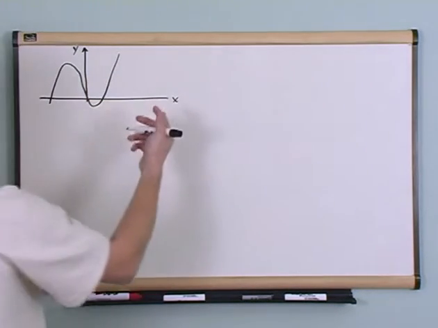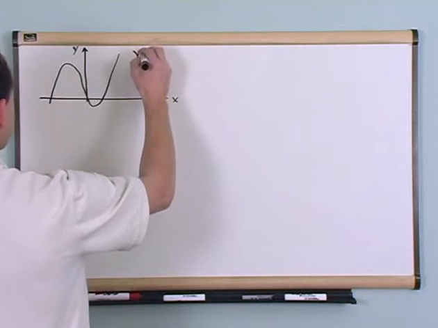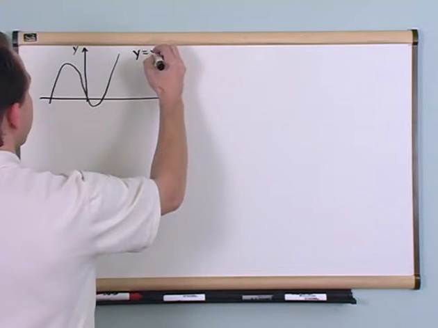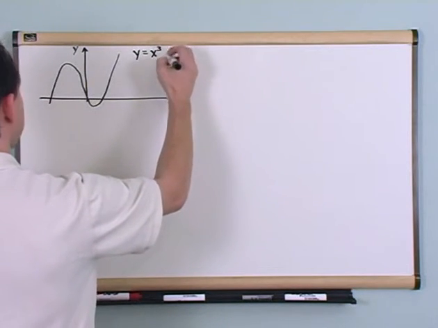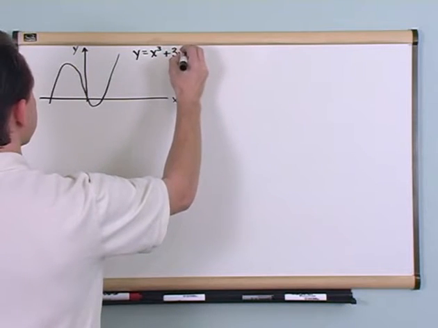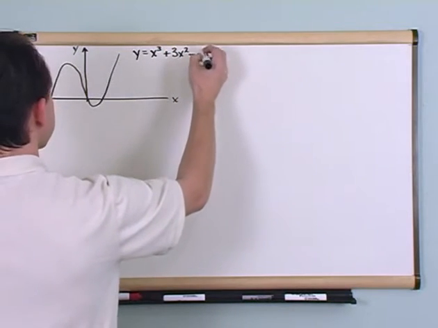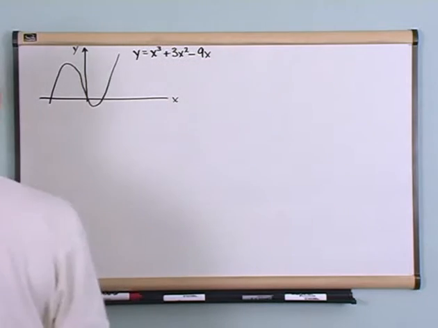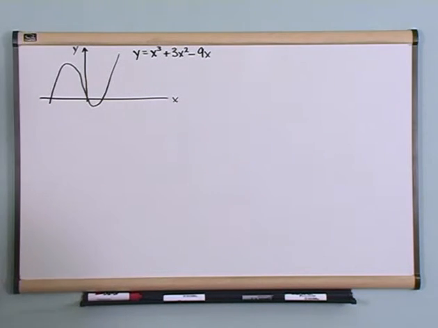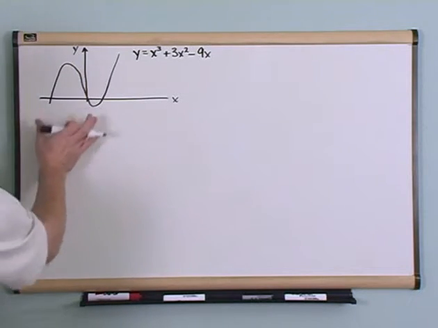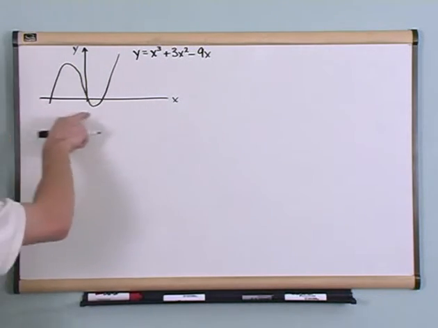Now the equation of this graph is y is equal to x cubed plus 3x squared minus 9x. Okay, if you were to put that in your calculator, this is what it would show you. Now I haven't labeled any tick marks here.